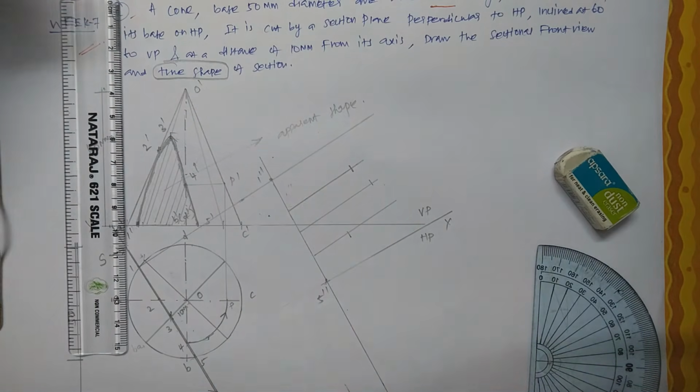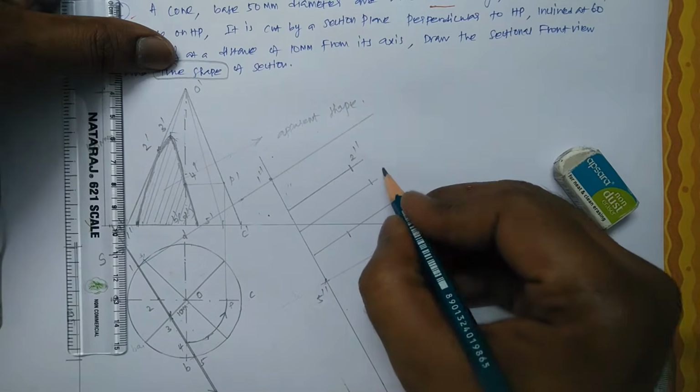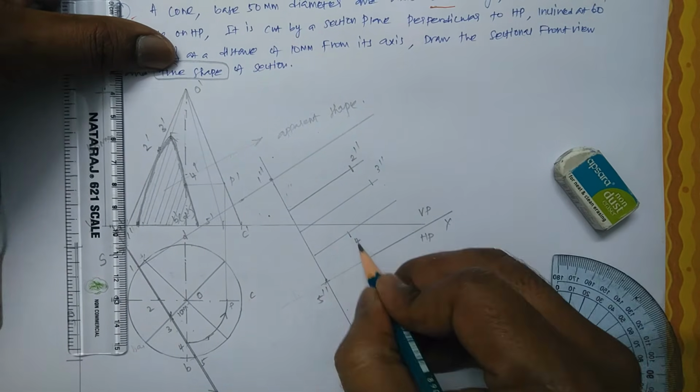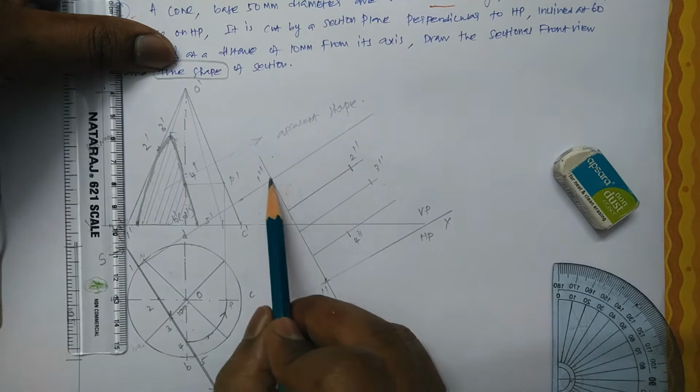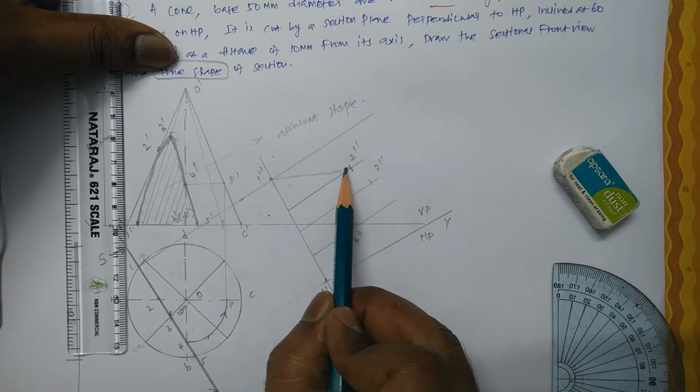Now this is 2 double dash, 3 double dash, 4 double dash, 5 double dash, connect by a smooth curve.